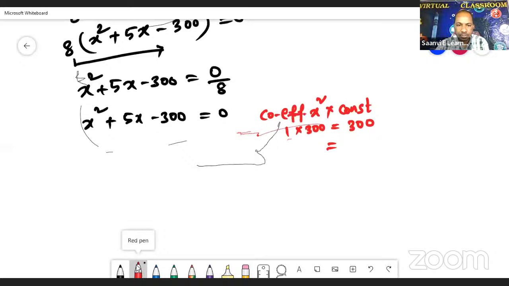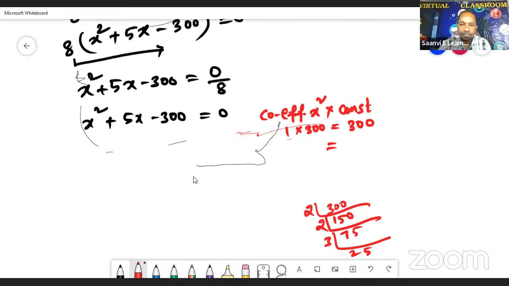Okay. So when you factorize this 300, you can find the factors: 2 15s are 30, 3 2s are 6, 3 5s are 15.